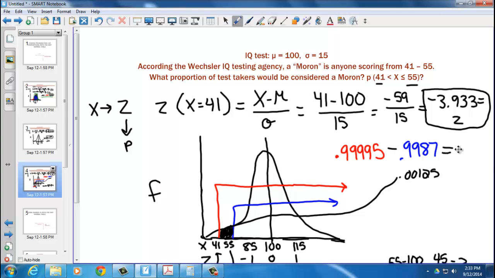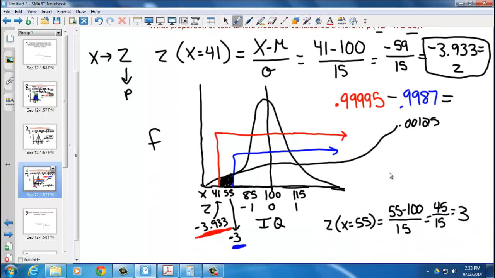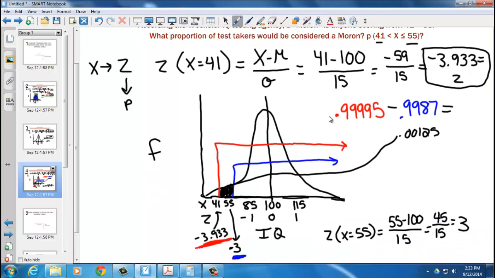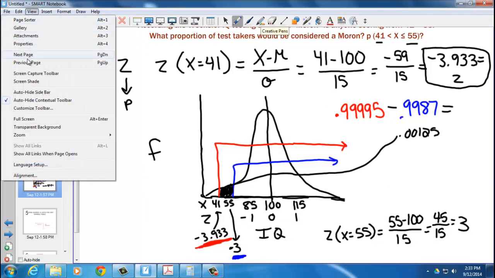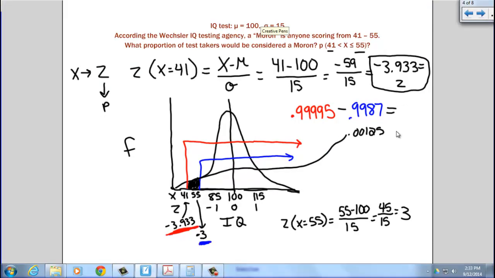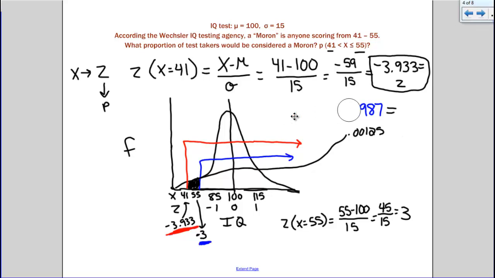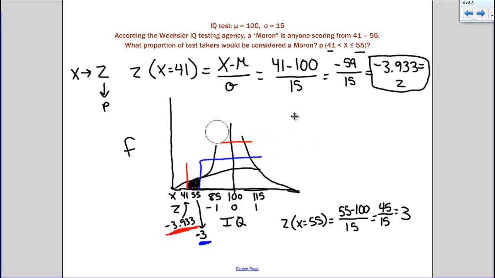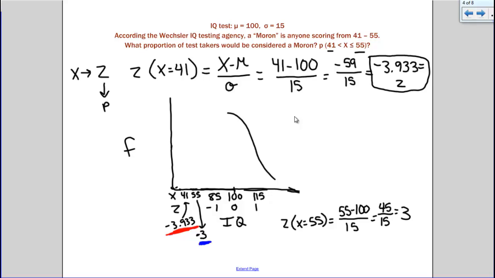Now, you could also use the mean to z column to figure this out. Again, I'm showing you every single possibility just to really help you understand how to use that unit normal table. So let's do a little bit of erasing again. Goodbye, pretty arts. Let's draw our curve again.